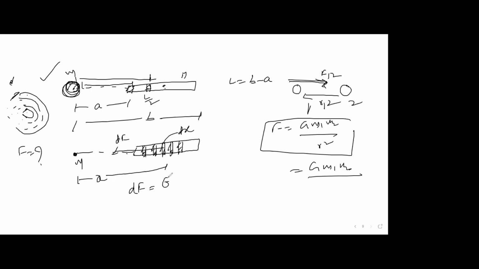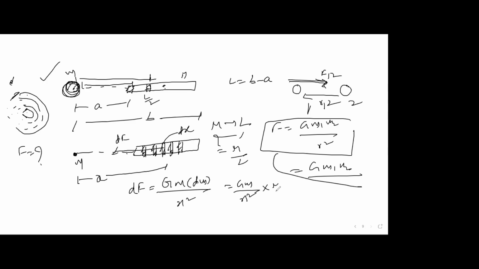You can write G m1 m2, where m1 is small m and m2 is the mass of this element, dm, divided by x square. If M is the total mass of a uniform rod of length L, the mass per unit length is M by L. So the mass of dm is M by L times dx.